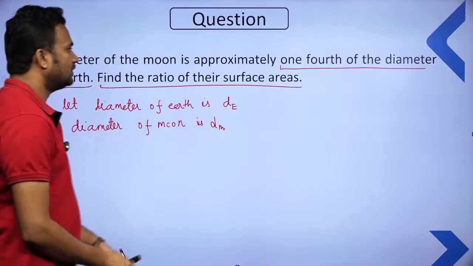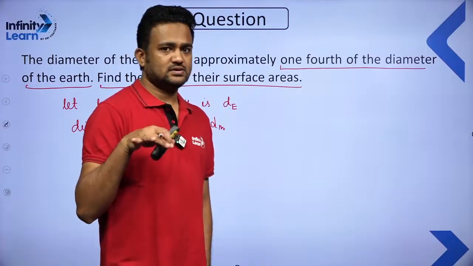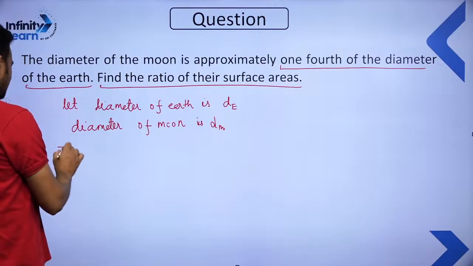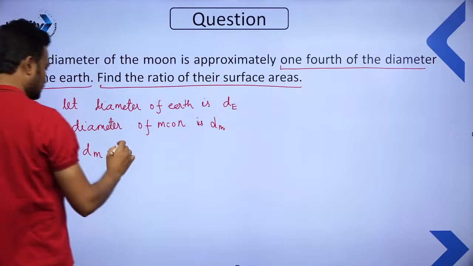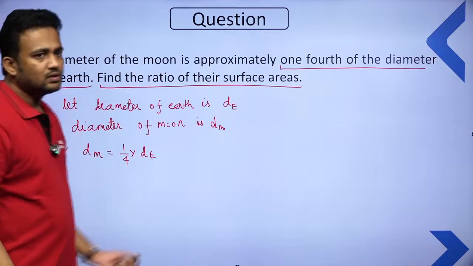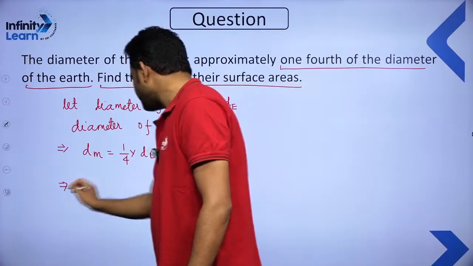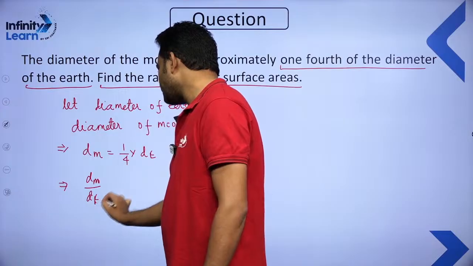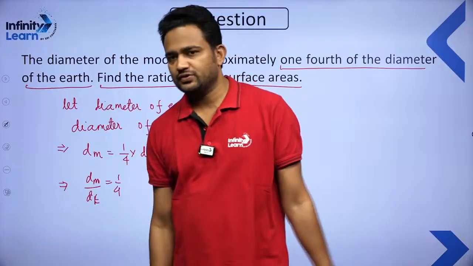So dm stands for the diameter of the moon and de stands for the diameter of the earth. What is given, guys? According to the question, the diameter of moon, dm, is 1/4 of the diameter of the earth. So what will be their ratio? If you shift this d over here, it will come in the division part. So dm upon de is 1/4, which means the ratio of diameter of moon and earth is 1:4.